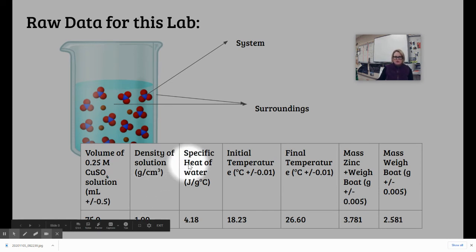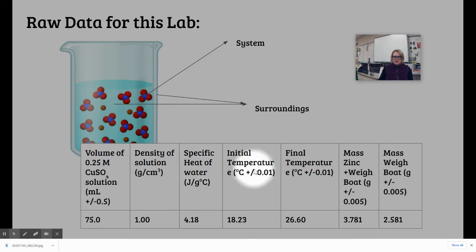So that means that we're going to use a specific heat value, that of water, of 4.18 joules per gram degree Celsius. My initial temperature was 18.23. My final erroneous temperature was 26.60, because remember that I lifted the lid off the calorimeter, and so that didn't allow us to extrapolate back to get the correct final temperature.